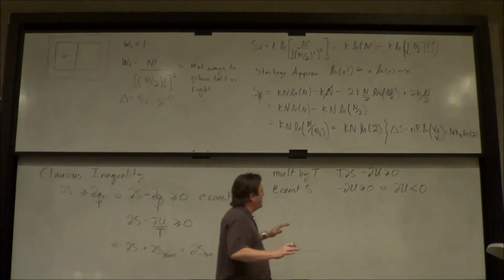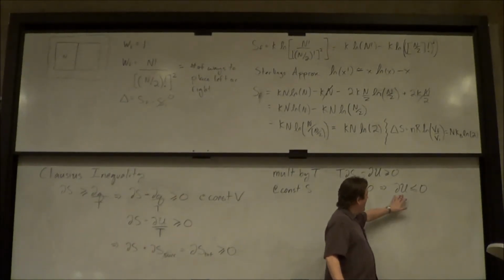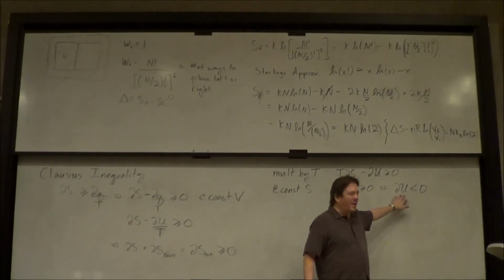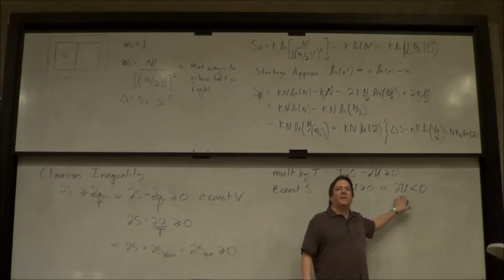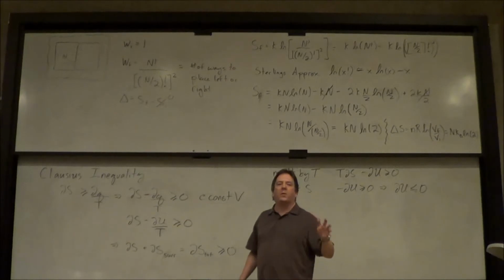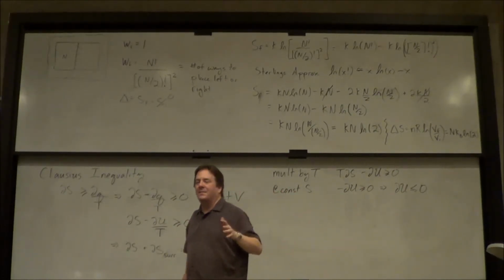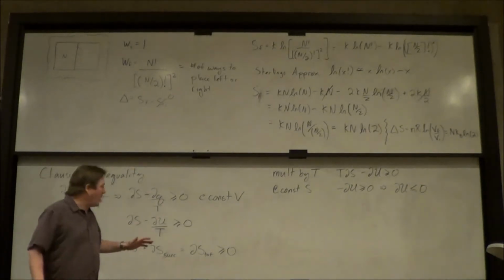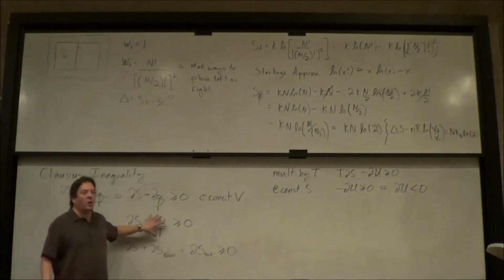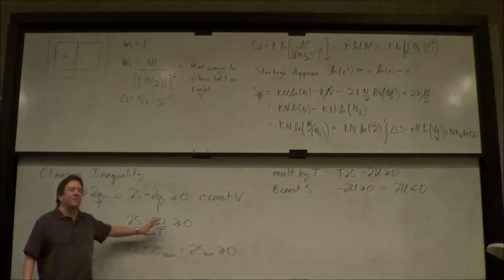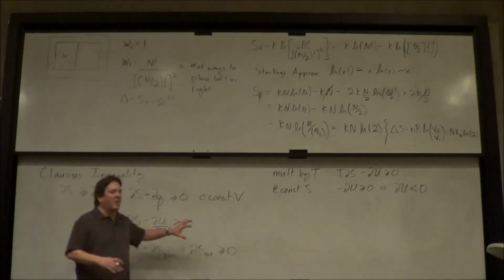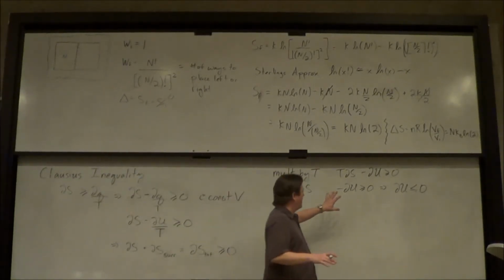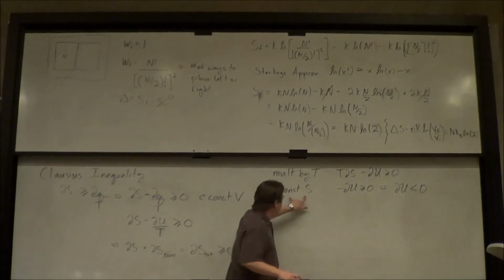Okay, so that means that if a change in U is negative, tell me what happened to the total entropy. Did it increase or decrease? Now remember, this equation says the total entropy must increase or stay the same. I've done some simple manipulations. This does nothing.